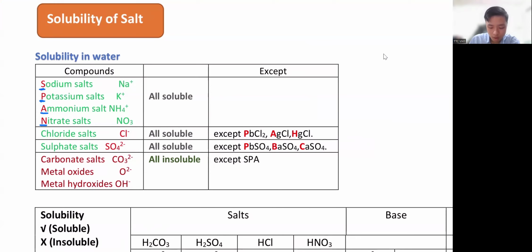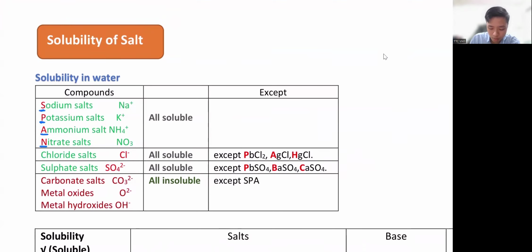SPAN stands for sodium, Na+, potassium, ammonium, and nitrate salts. These four are all soluble. This is the number one priority. Later I will explain what it means when I say priority.